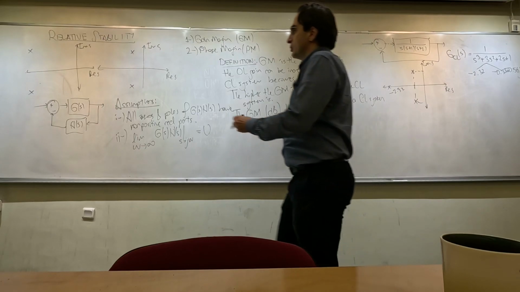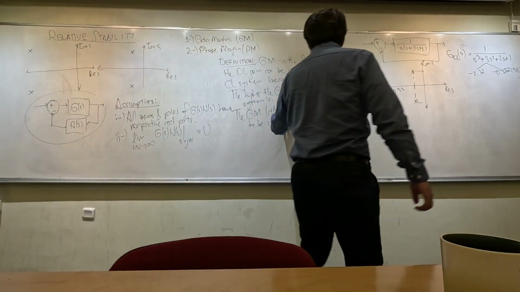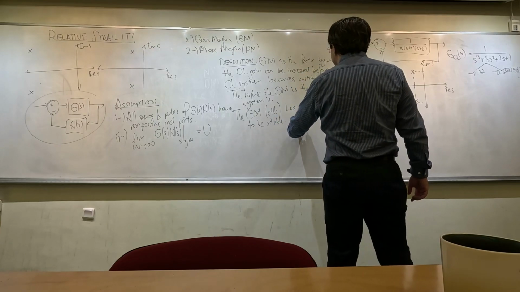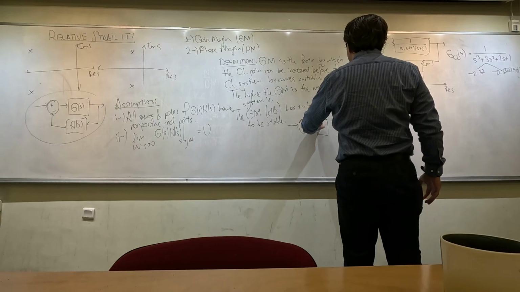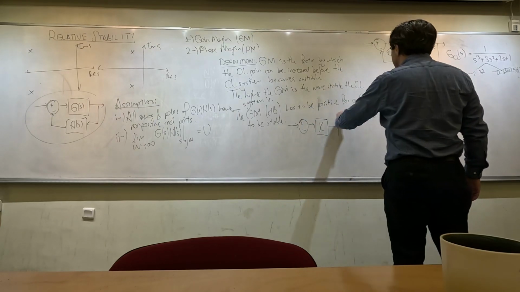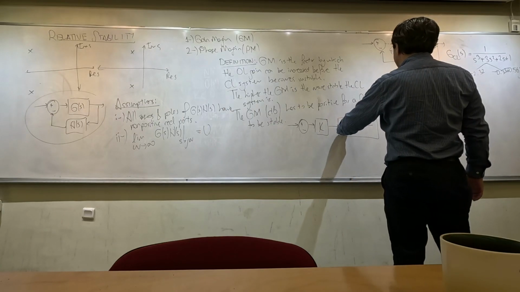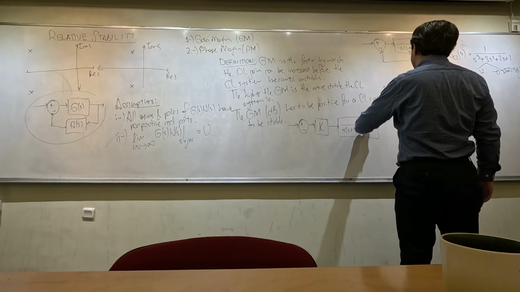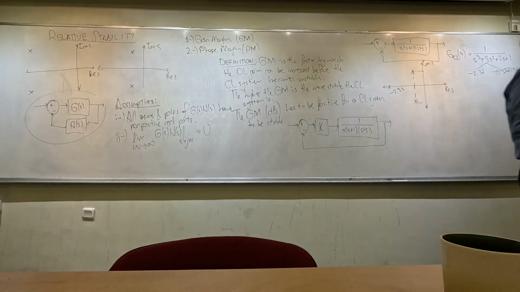So here is what I'm going to do. I'm going to take this system, that is my original system, and I will create a hypothetical system here. This is a non-existent system. I will put here a k value, so here I will have 1 over s plus 1, s plus 2. This is my hypothetical system for measuring the gain margin.